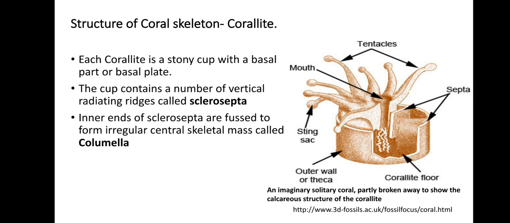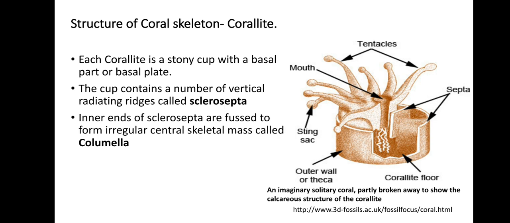So each corallite will have a basal disc, the first formed one, and around the body of the whole individual there is a wall. This wall is a protective wall, called the theca. Together, the outer wall and the floor, the basal disc, look like a cup, as though inside the cup you have kept the sea anemone-like individual.